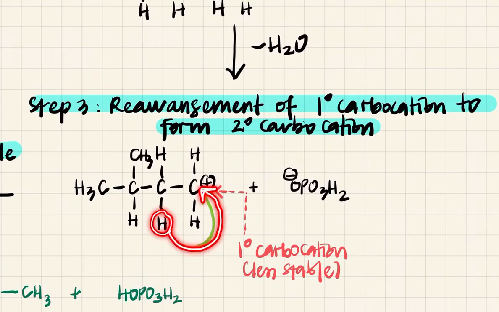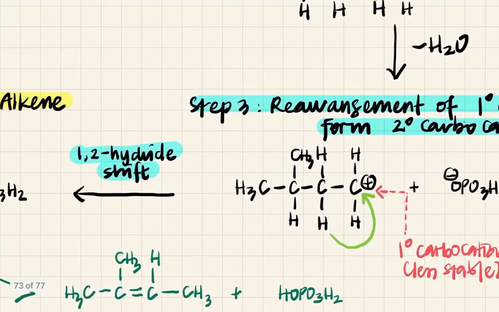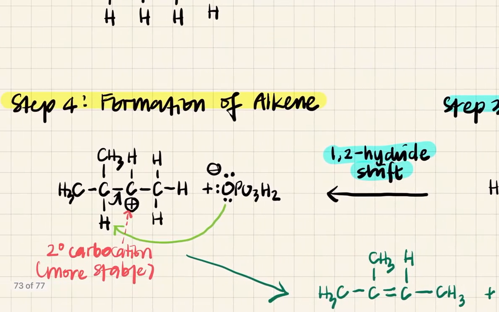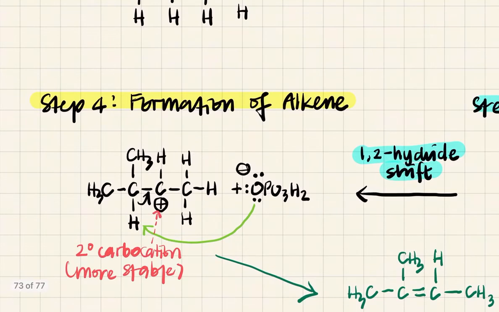So when we do that, the carbocation ion yang ni will no longer be a carbocation ion lah. So nanti this carbon will become a carbocation ion. So kita buat je this rearrangement, 1,2 hydride shift. So when we do that, dah remove dah hydrogen tadi. Hydrogen ni sekarang attached to this carbon.